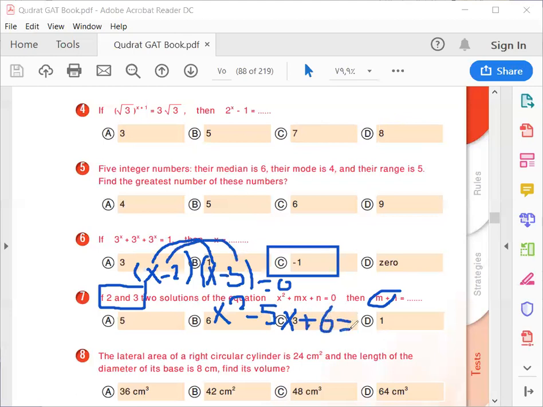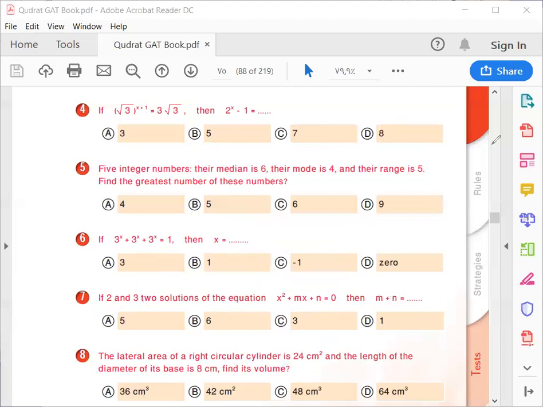So equal to 0. Now you can find m plus n, because m is minus 5 and n is 6. You add them: minus 5 plus 6 equals 1, right? So the answer is 1. It is D.